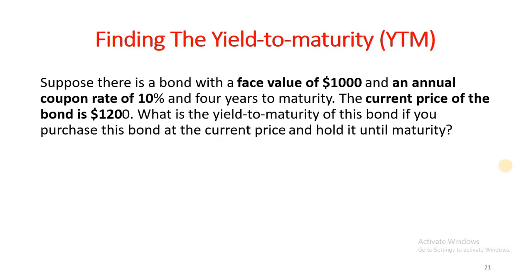Let's look at the example to find out yield to maturity of a bond. Over here, the face value of the bond is equal to $1,000. So using 10% coupon rate, coupon payment of the bond is $100. Then face value of this bond is $1,000, and the current market price or value of this bond is $1,200.